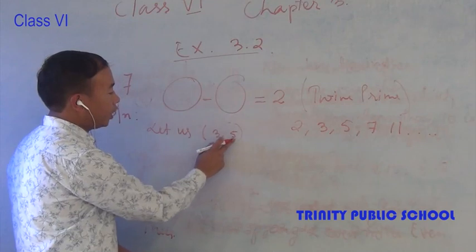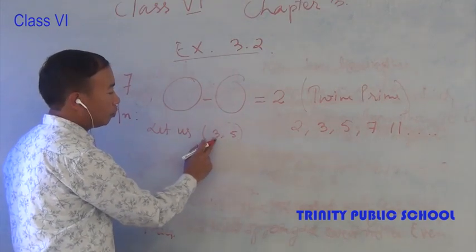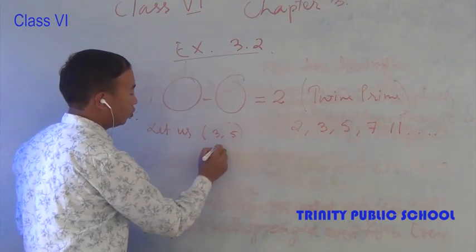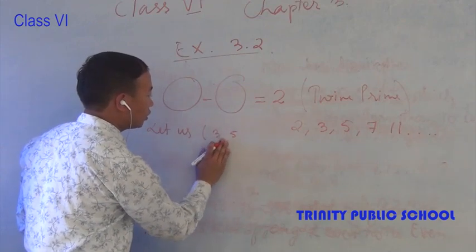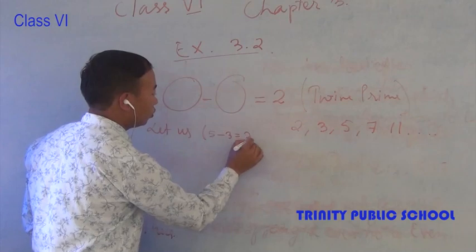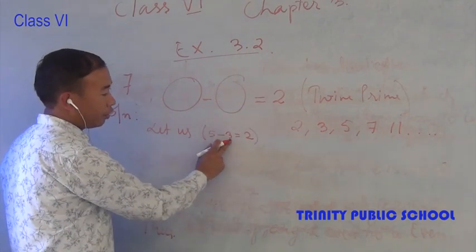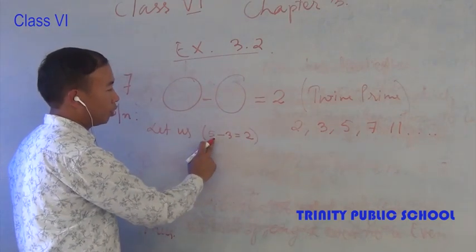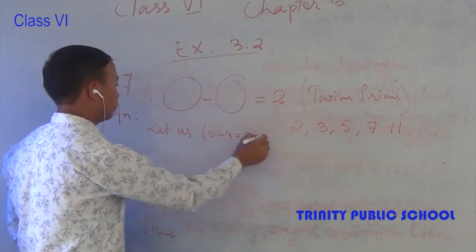We choose 3 and 5 because the difference of 3 and 5 is 2. You can do this like this: 5 minus 3 equals 2. 3 and 5 are called twin primes because the difference is 2.